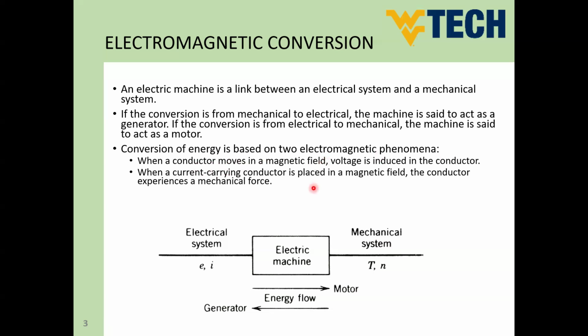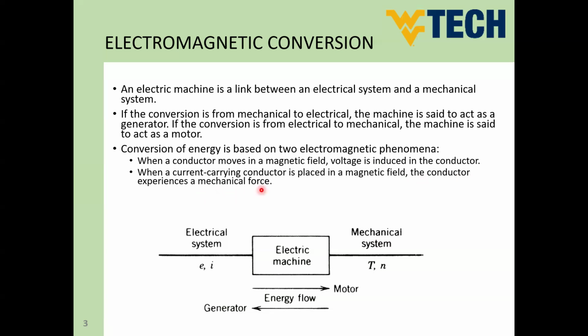Let's see the other, opposite phenomenon. When a current-carrying conductor, which means there is current flowing in this conductor, which means we have a source of electricity, is placed in a magnetic field, the conductor experiences a mechanical force.